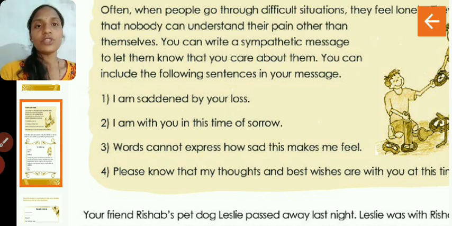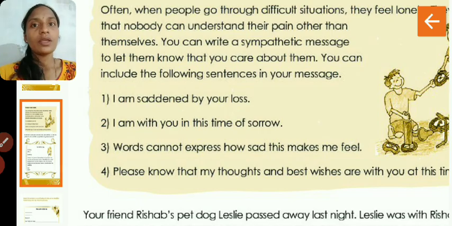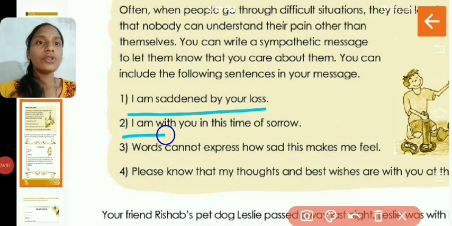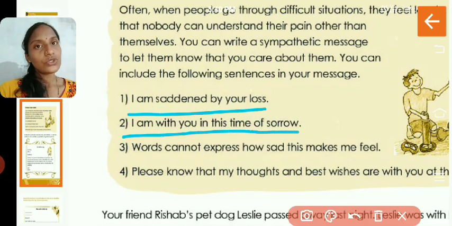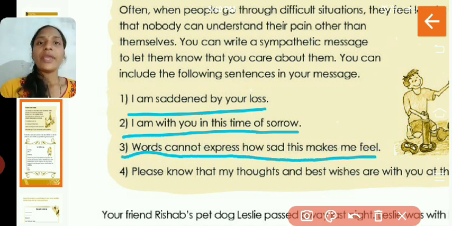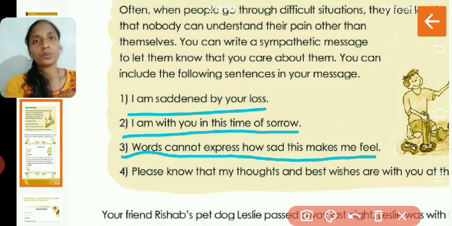Which sentences can we include there? I am saddened by your loss, or I am with you in this time of sorrow. Then next is, words cannot express how sad this makes me feel. So you can show that person that you are expressing sympathy.